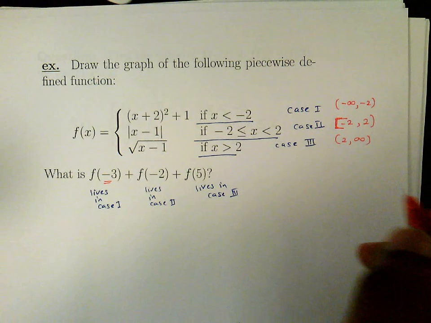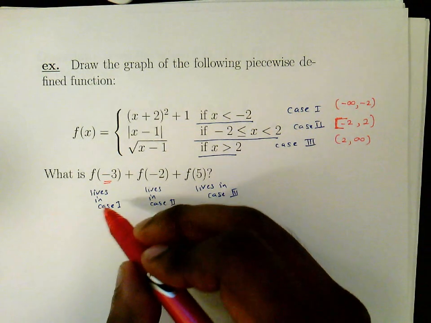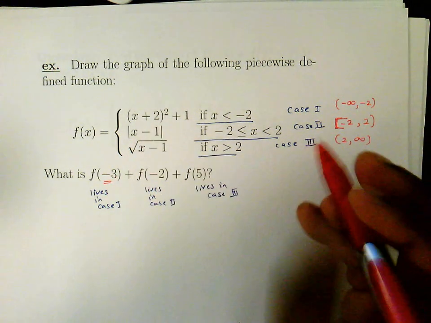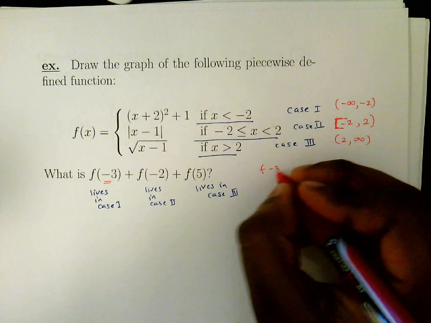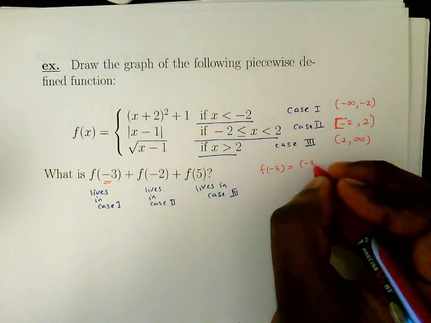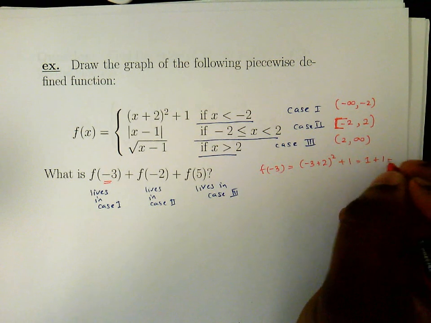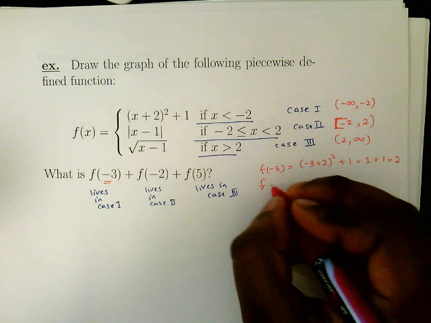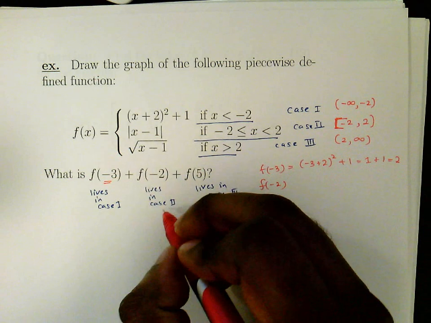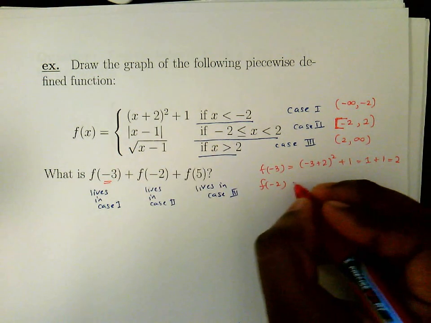So now you just know where to plug in. -3 lives in case 1, so plug into case 1. So f(-3) is (-3 plus 2) squared plus 1, that is 1 plus 1, that's 2. f(-2), that's case 2, plug it in here.